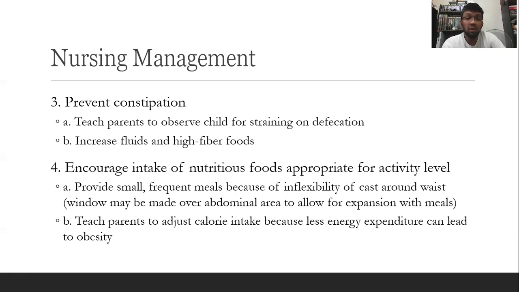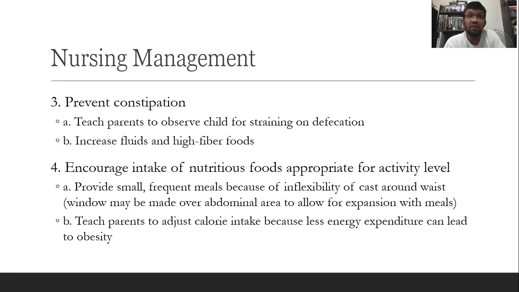Number four, we need to encourage intake of nutritious foods appropriate for activity level. So we need to provide small, frequent meals because of the inflexibility of the cast around the waist. Sometimes the orthopedic surgeon will allow a window to be made over the abdominal area because children or infants usually have a rotund or round abdomen.